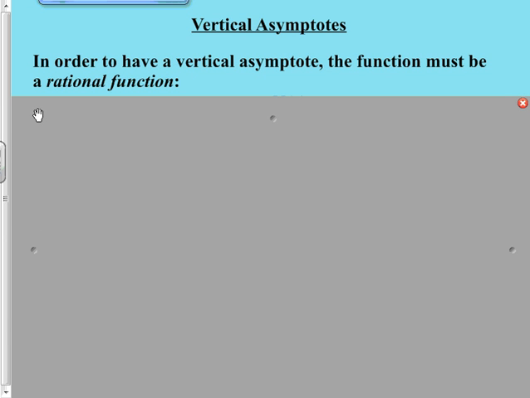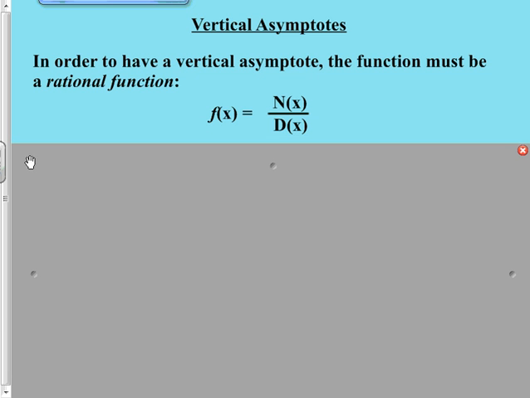Vertical asymptotes are a whole lot easier to watch out for. The same conditions must apply. We have to have a function that is a rational function, so we have the same definition again, f of x equals the numerator of x over a denominator of x.